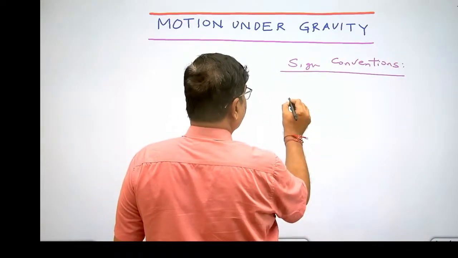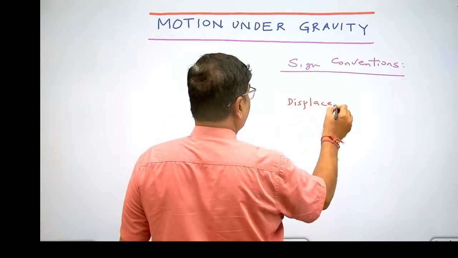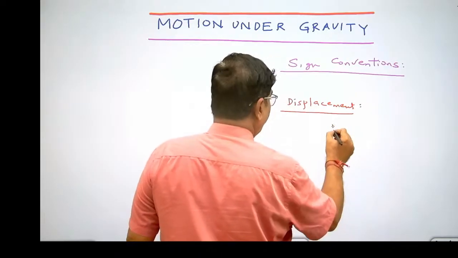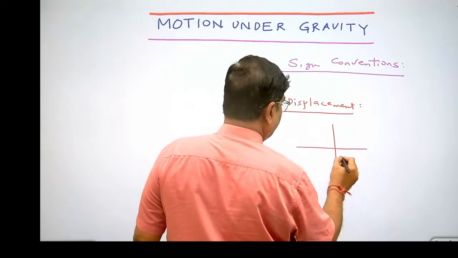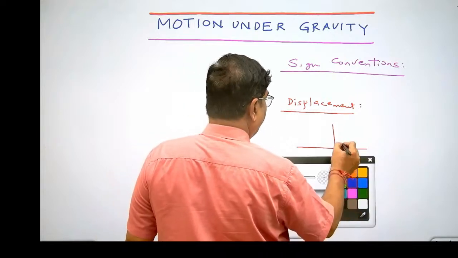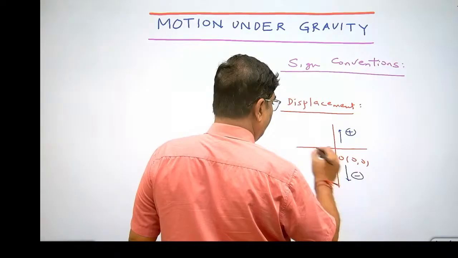This is the sign convention for displacement. The point of projection will be taken as 0, and upside to the point of projection we will take positive, and downside to the point of projection we will take negative.